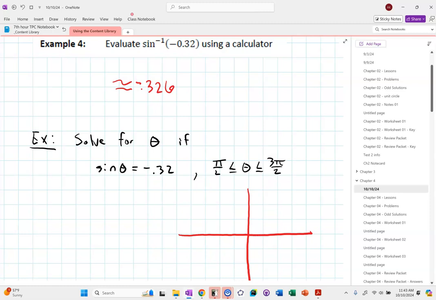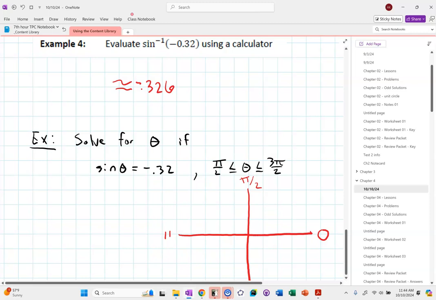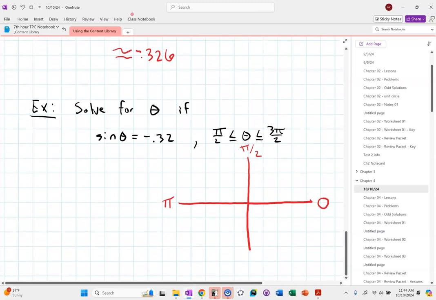So I'm going to try to figure out what quadrants on my xy axis are covered between pi over 2 and 3 pi over 2. Since we're doing a positive angle, I'm going to count counterclockwise, and 90 degrees is the same thing as pi over 2. So if I count, I have that. Is everybody okay with what I've drawn there?